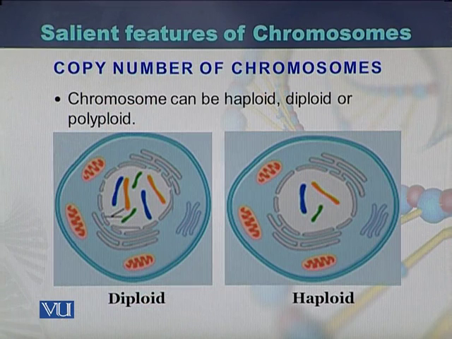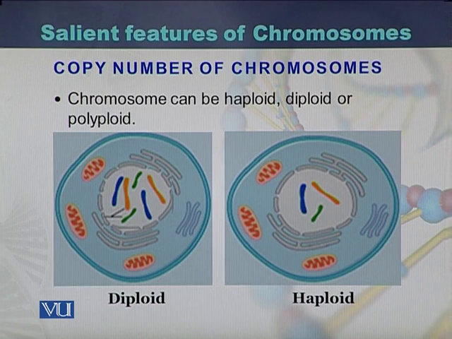Copy number of chromosomes. Chromosomes can be haploid, diploid, or polyploid. Based on the number of chromosomes, cells can be called haploid, diploid, or polyploid. Here we can see that if there is a single chromosome, the cell is called haploid.